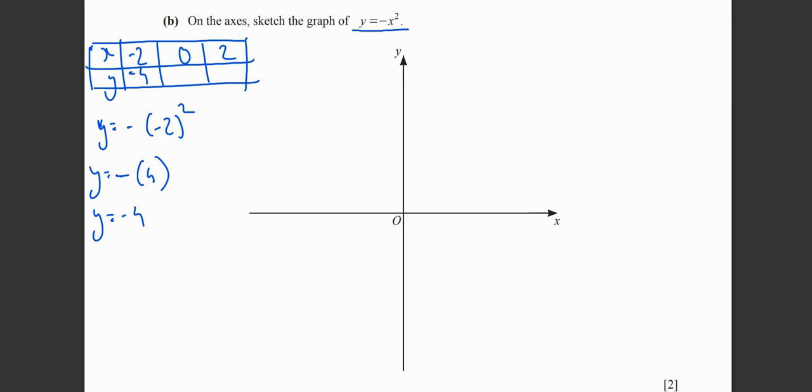When x is 0, y is also 0. When x is 2, y is negative 4. So you will make a sketch like this, and this is going to be your answer for part B.